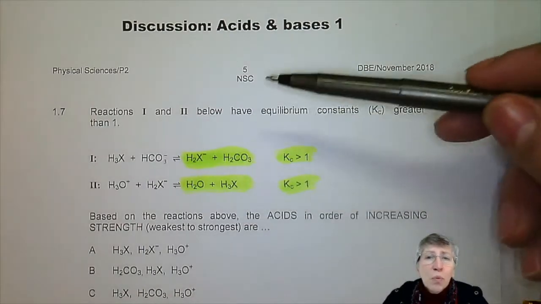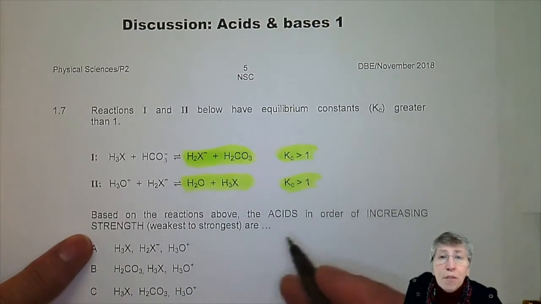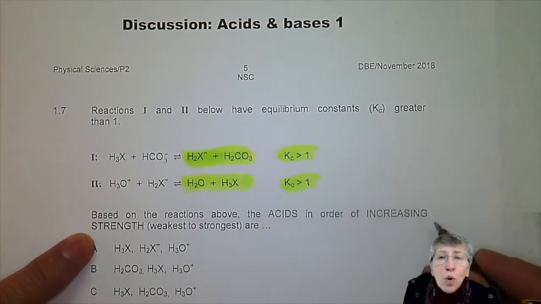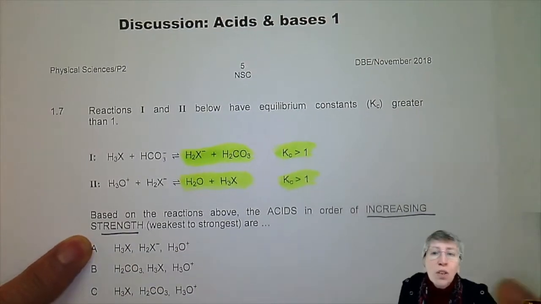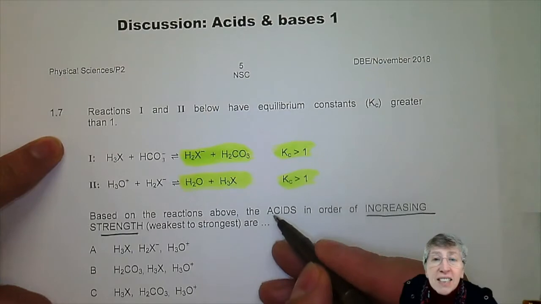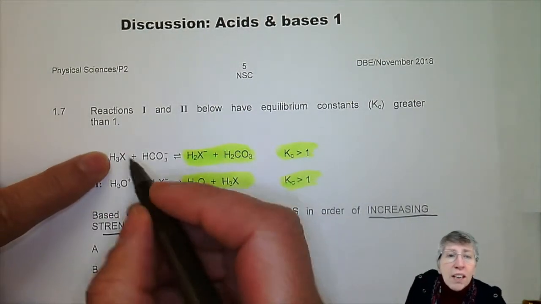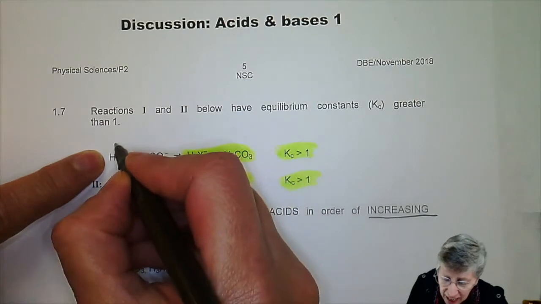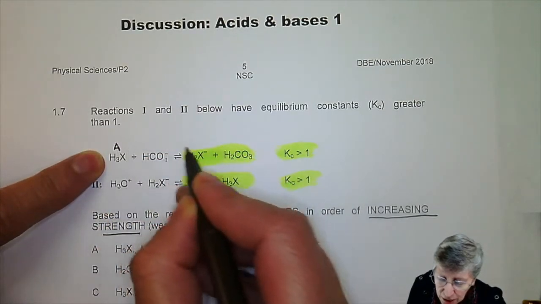Now they asked us, based on these reactions above, to order the acids in order of increasing strength. So they want to know which is the stronger one. What do we know about an acid? An acid is a proton donor. If you look at this first one, in the forward reaction, H3A is your acid because it's donating a proton.